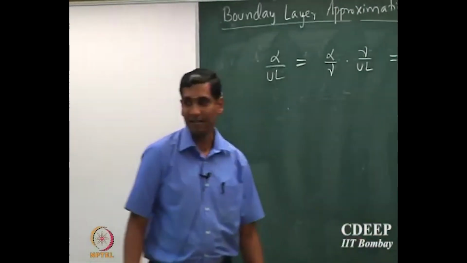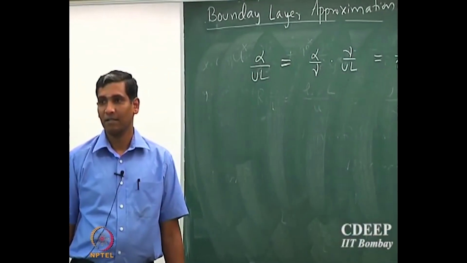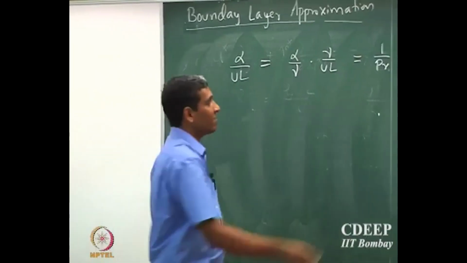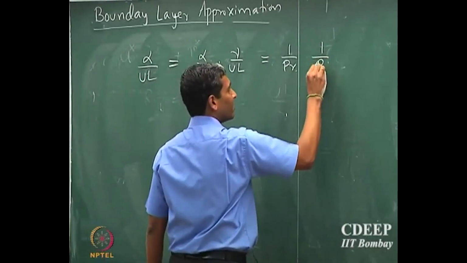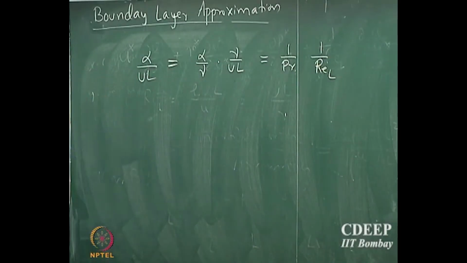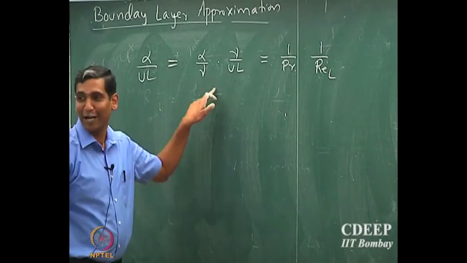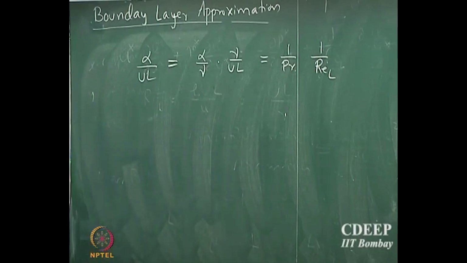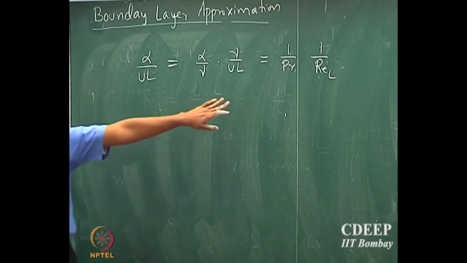What's nu by UL? 1 over Reynolds number, right? So this is 1 by Prandtl number into 1 by Reynolds number. This is 1 by Prandtl number, not Prandtl. Okay? Yeah? 1 over Peclet number. Prandtl into Reynolds is Peclet number.